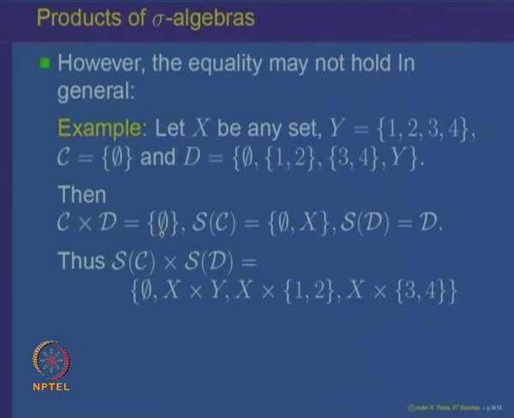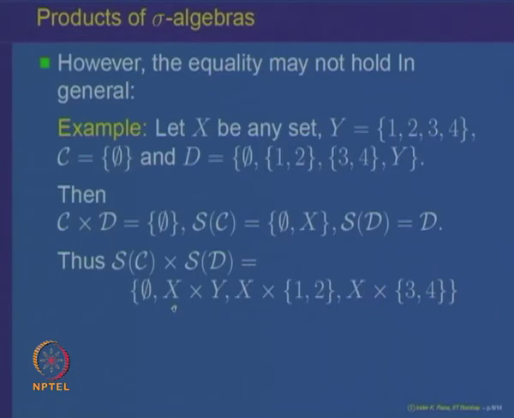On the other hand, if you look at S of C cross S of D, then it consists of the empty set, the whole space of course, and then it will consist of sets of the type X cross a set in Y, that is X cross {1, 2}, and of course the set X cross {3, 4}.